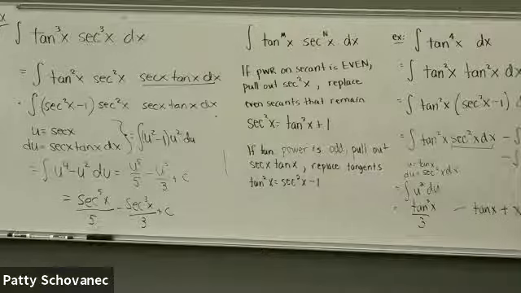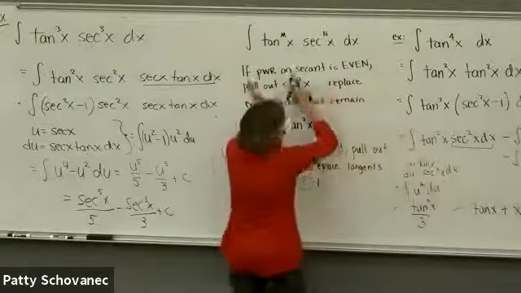So the Pythagorean identity that we might need is 1 plus the cotangent squared is equal to the cosecant squared. And then if u is a cotangent, du has a cosecant squared in it, minus. If u is a cosecant, then du has a cosecant cotangent with a minus. And you follow almost the same pattern. You look at what's going on here and what you can pull out.